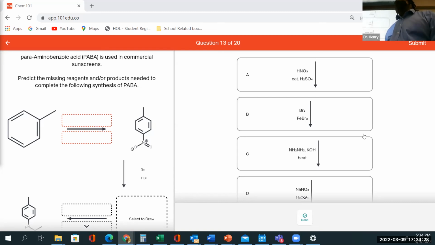In this case, you're adding so little, and then also it's an acidic reaction. We're trying to add the nitrogen to the structure, right? And not nitrogen and sulfur to the structure. So I would say it's going to be A. That would be my guess.